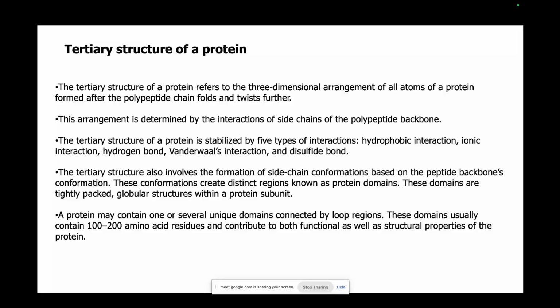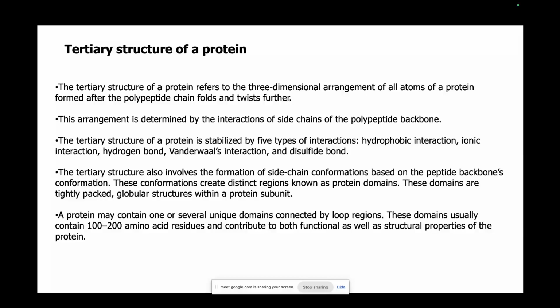And you can have physical forces like van der Waals interaction, and also amino acids like methionine and cysteine will have sulfide bonds in them as well, which are very good at stabilizing these larger protein subunits, right?